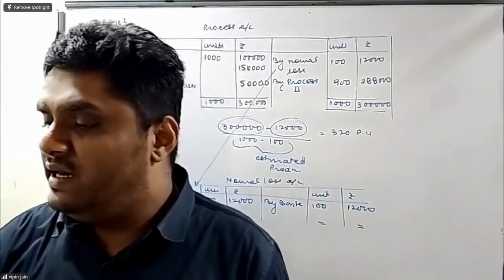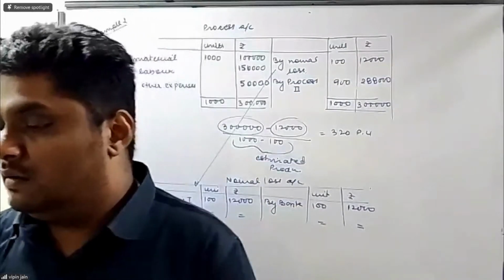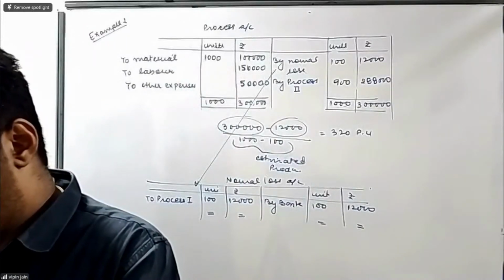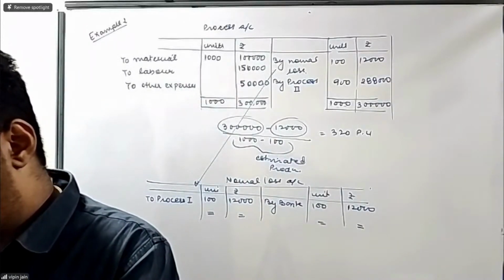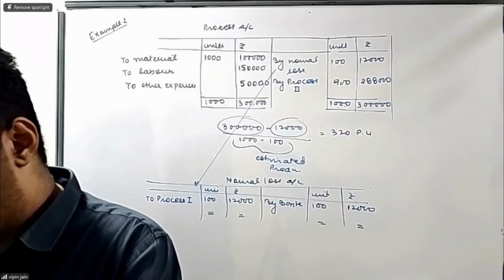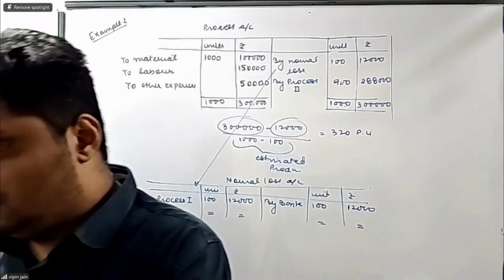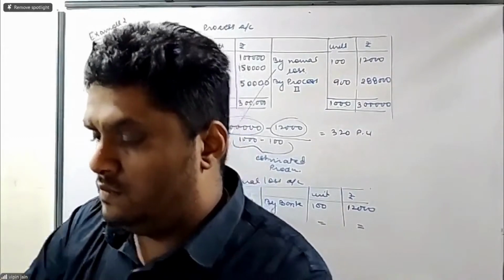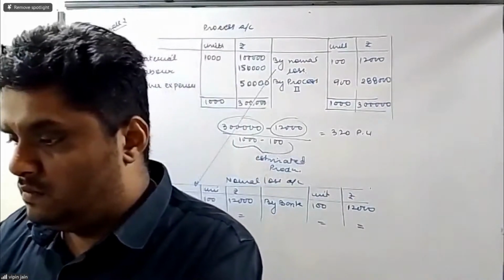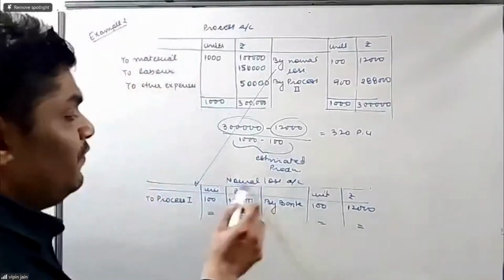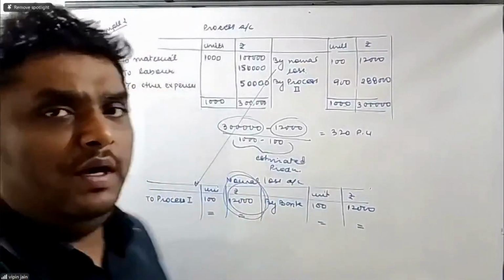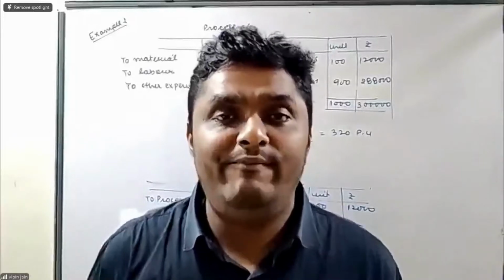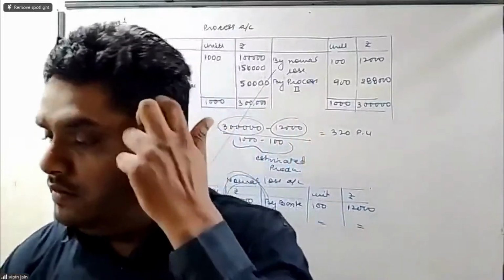Yes, Hardik, again it will be nil only. This is not the cost of normal loss. This is the value of normal loss. I repeat again, this is the scrap value of the normal loss.